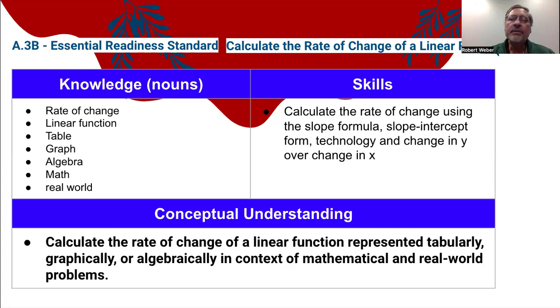Calculating the rate of change from a variety of ways: from the slope formula, y2 minus y1 over x2 minus x1, from slope-intercept form, being able to recognize b and being able to write in slope-intercept form, utilizing technology and linear regressions, especially with the Desmos or the Inspire, depending upon which calculator you're familiar with. And some of you do even do the 84. And of course, delta y over delta x for slope.